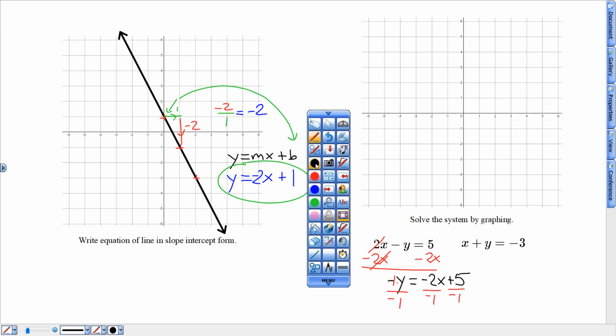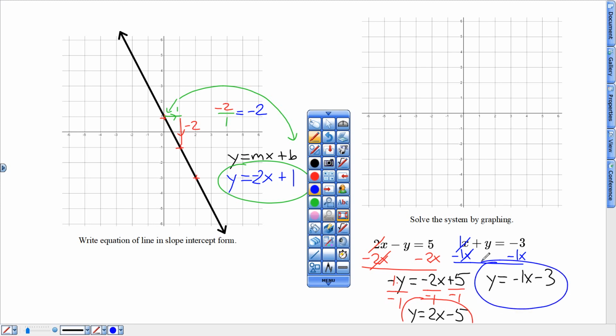And that gives me y equals 2x minus 5. That's going to be my red line to graph. My blue line, here we go. This is 1x minus 1x. That gives me y equals negative 1x minus 3. That is the blue line to graph.